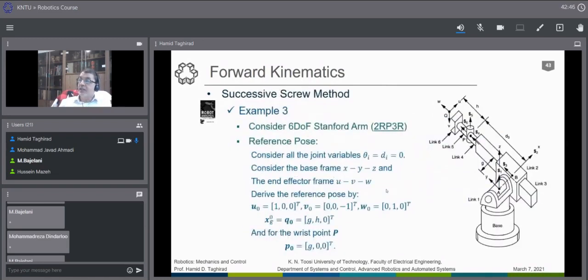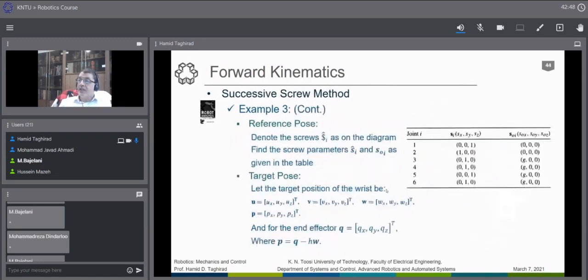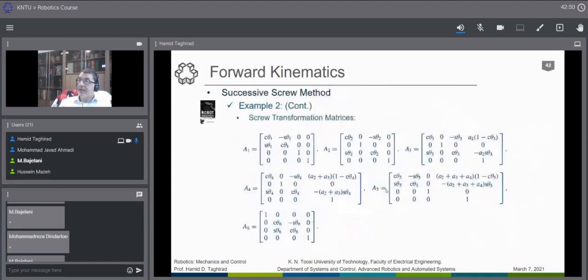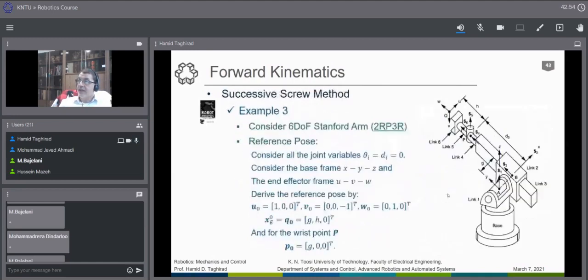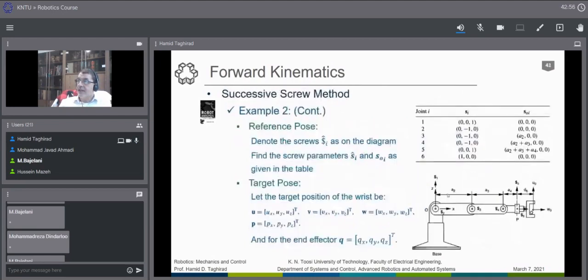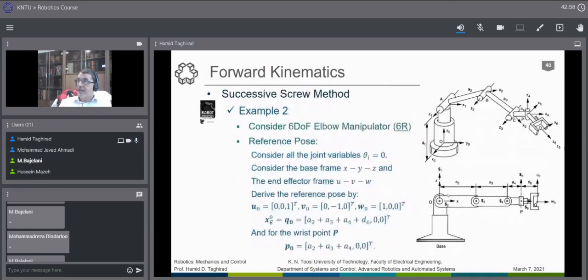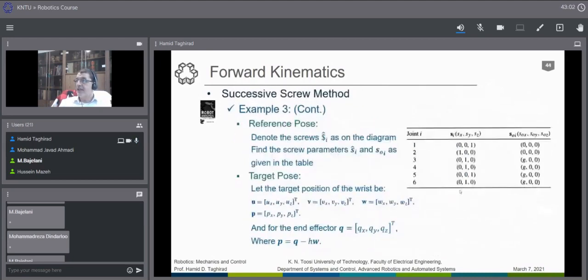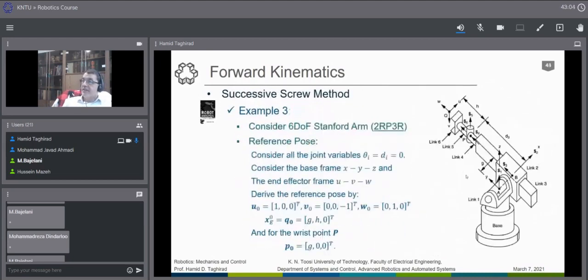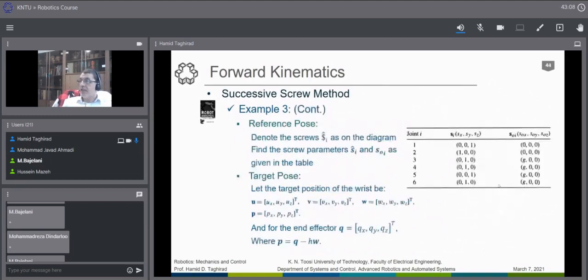Then it is important to find the screw coordinates. The screw coordinates are given here. I'm sorry, the screws are on the next page, as you see. I will go through just a few of them, and then you can continue.